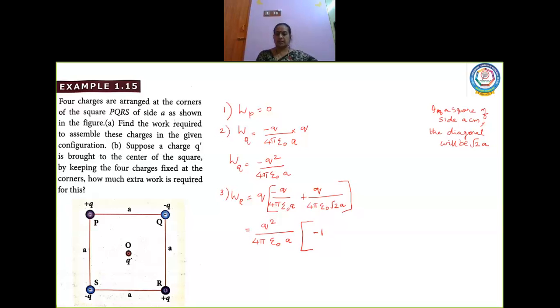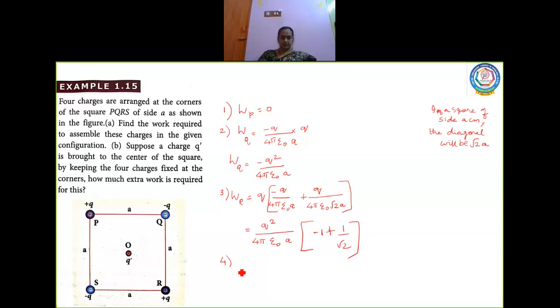So it is minus 1 plus, here also q, so I'll write plus here, big plus. q by 4 pi epsilon naught a has come out. So which alone will be there? It is 1 by root 2. Is it clear? So this is about the work done to bring a charge plus q to R against the electric forces due to plus q and minus q at P and Q. Clear?